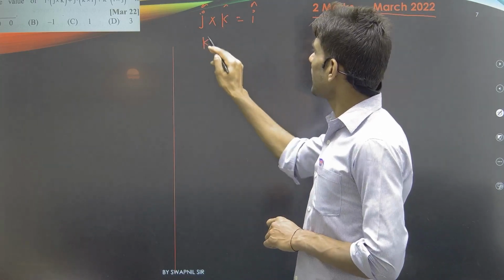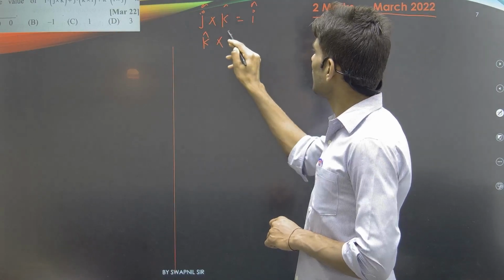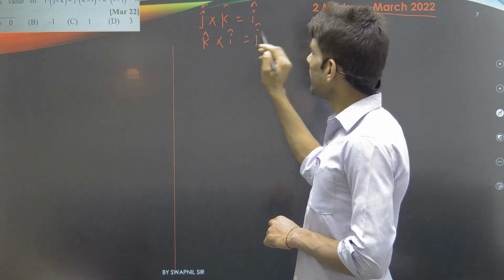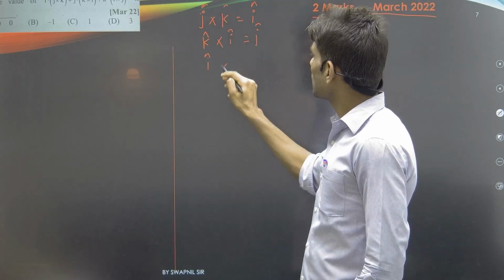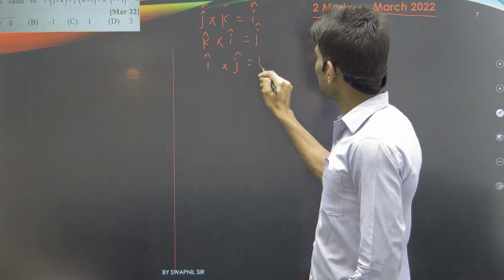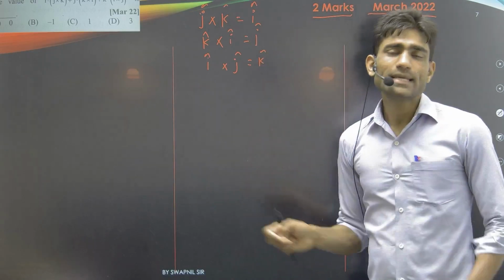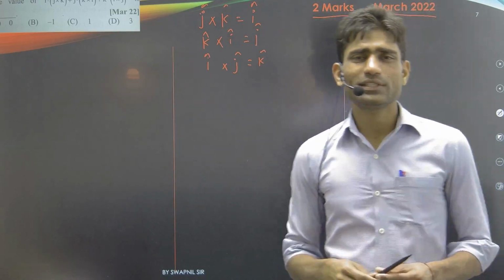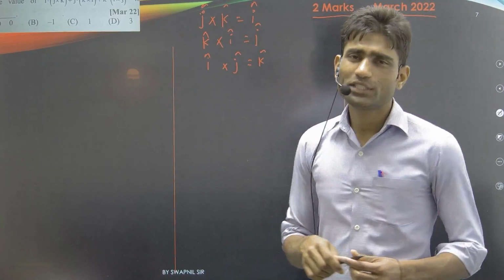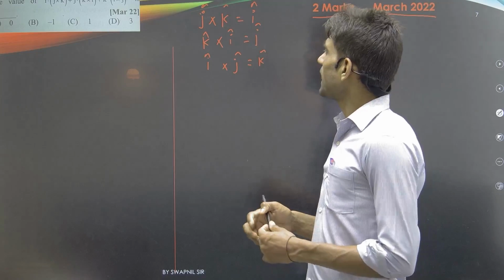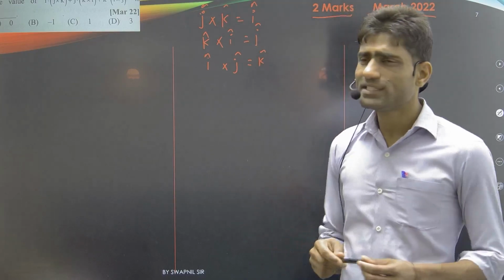After that, k cap cross i cap as j cap, and i cap cross j cap as k cap. These are the results we have to use in our example. So i cross j is equal to k, j cross k is equal to i, and k cross i is equal to j.